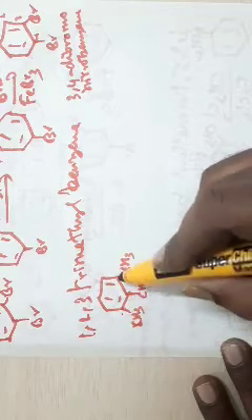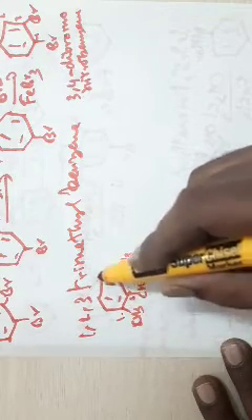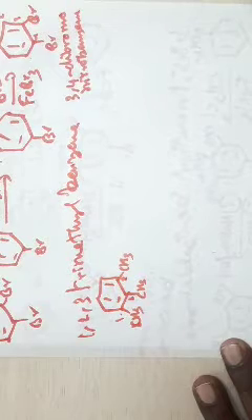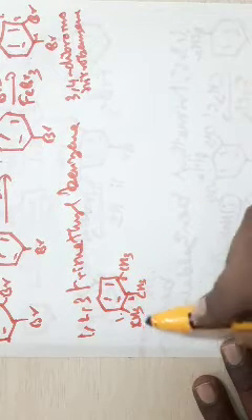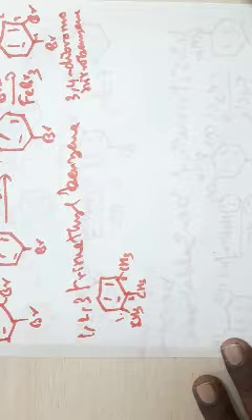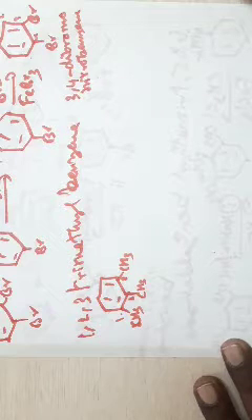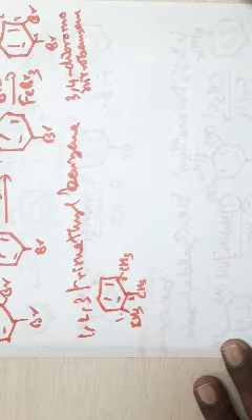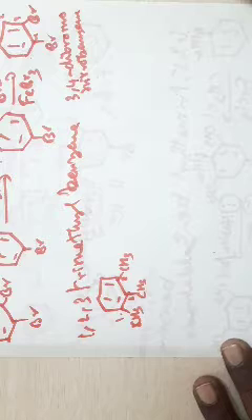So 1, 2, 3, and 4, 5, 6. I should give the numbers in this way. So this is your 1,2,3-trimethylbenzene. How can we synthesize this target molecule?